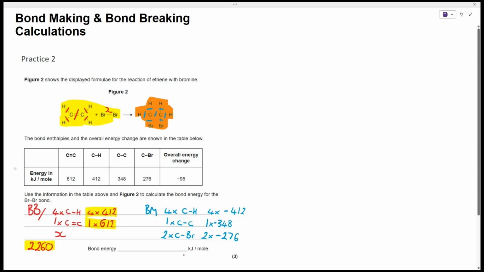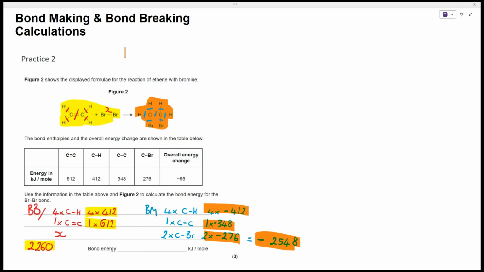And then the blue, which are all my bonds formed, are going to come in at minus 2548. So just to be clear on this, what we've done, I've collapsed all of those values into just one number, the 2548.